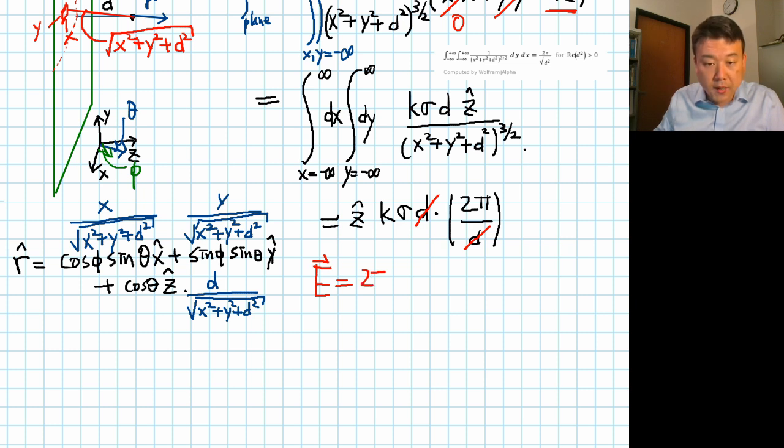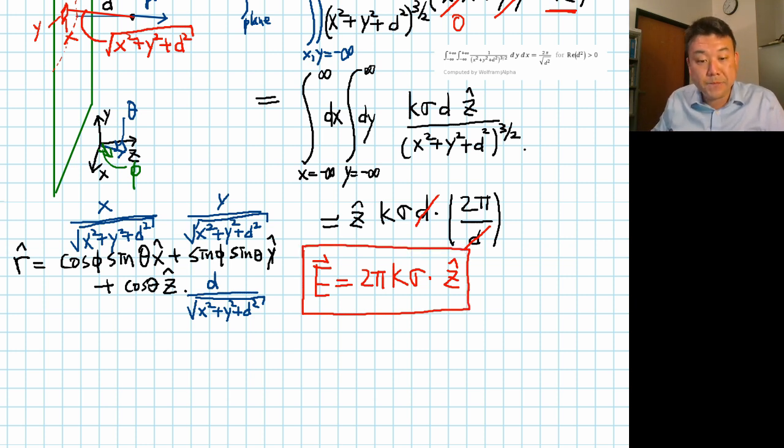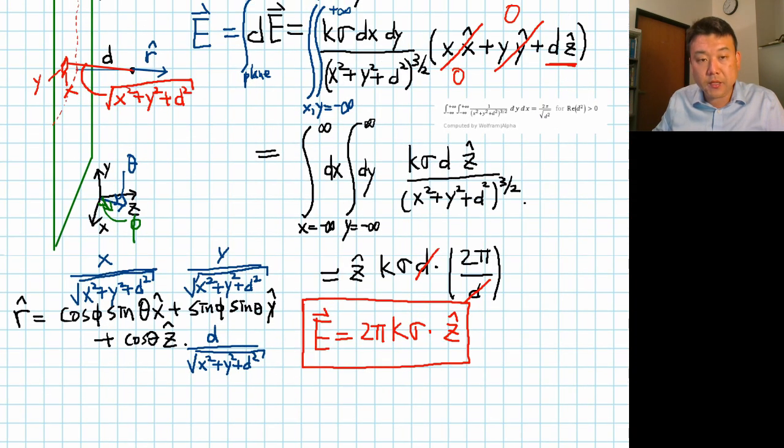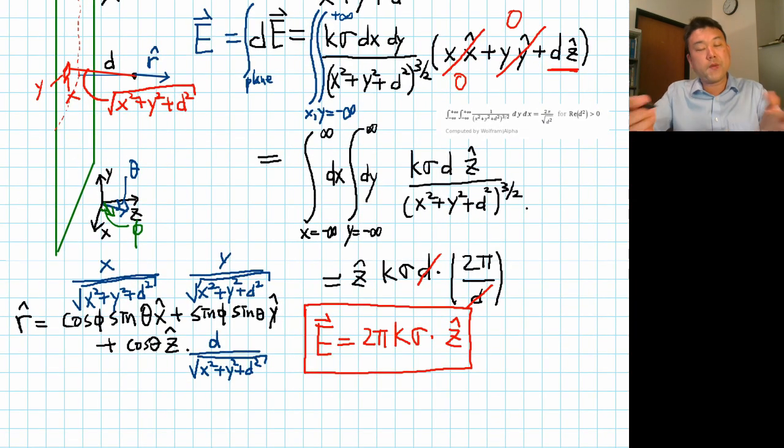So 2 pi k sigma times g hat. That's it. It's a constant value. It's a very simple answer, and that is surprising given how difficult this would have been mathematically if I didn't admit defeat and use Wolfram Alpha.